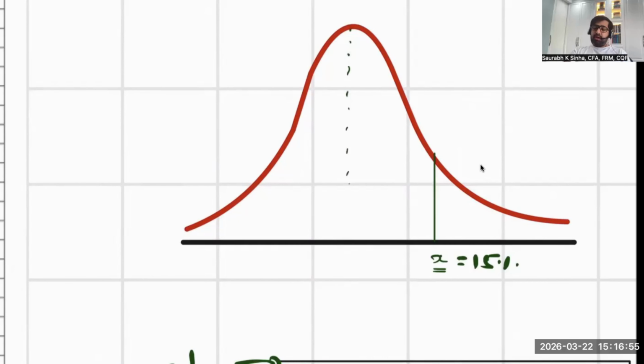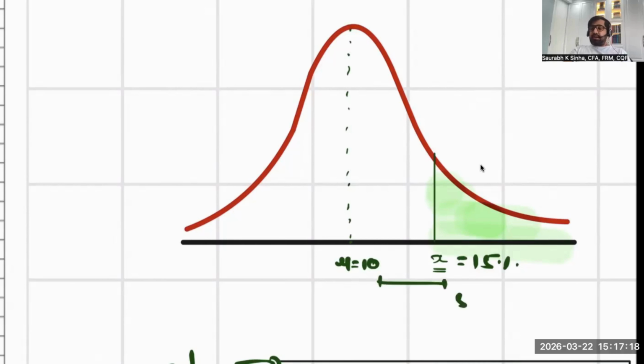So, what is the probability that the stock return is greater than 15%? You're interested in this section. You need to know how many standard deviations 15 is away from the mean. The mean is 10%, that is given in the question.